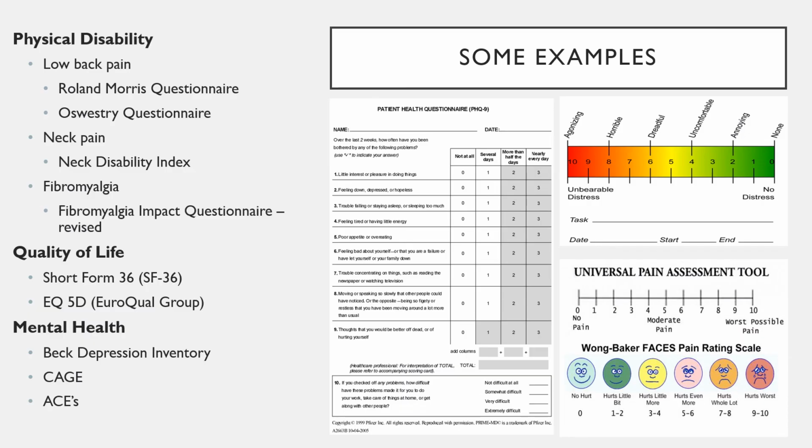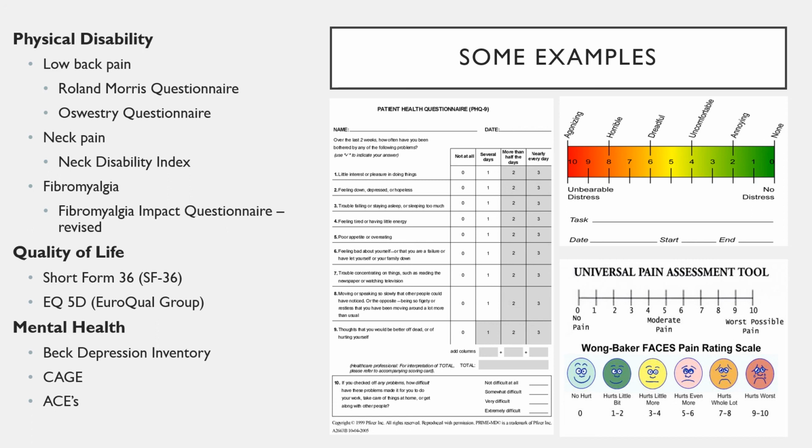And these are just some examples of outcome measures. There's the Roland-Morris questionnaire and the Oswestry questionnaire. Those are for low back pain. There's the Neck Disability Index. These are pretty common ones, along with the Fibromyalgia Impact Questionnaire. And then there are other things when you start getting into quality of life and mental health.